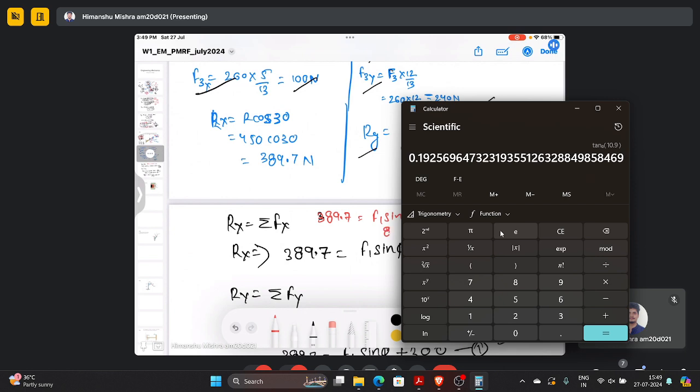So it is 89.7 equals F1 multiplied by 0.189.